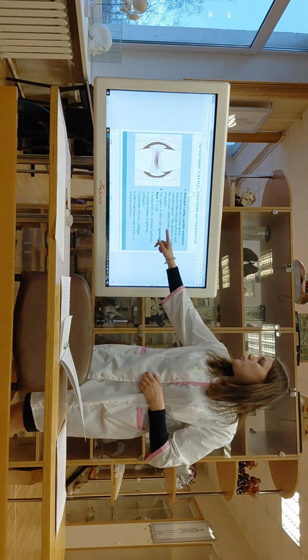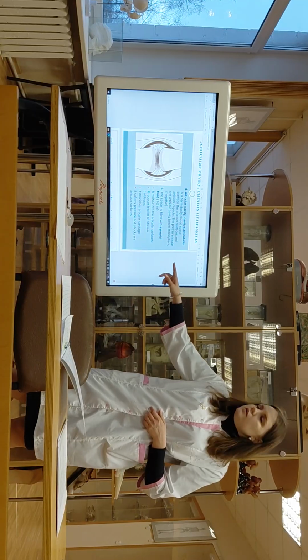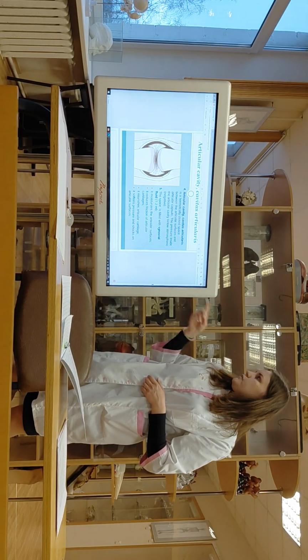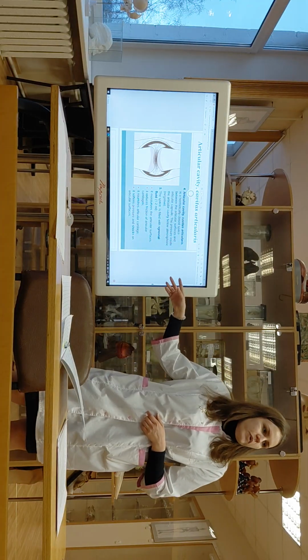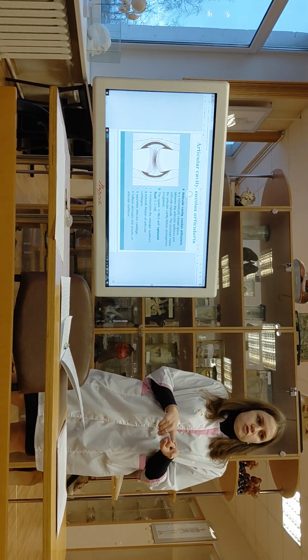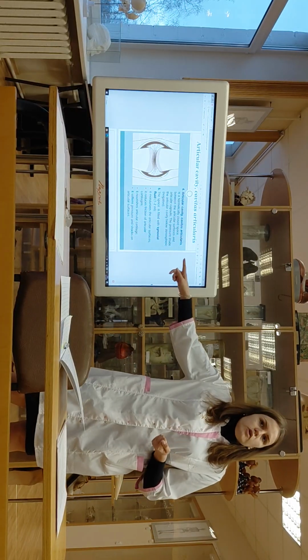Normally we have 1 or 2 millimeters of synovial fluid inside the joint. So how many main parts do we have? Five: surface, cartilage, capsula, cavity, and synovial fluid.